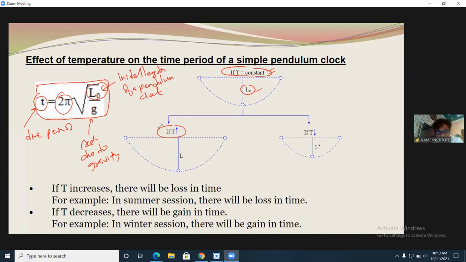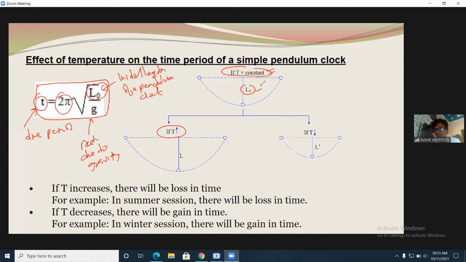Now another case: if the temperature increases, suppose the room temperature is increasing, the length of the pendulum clock also increases. The initial length was L naught; now the length reaches L. Now listen to me: this pendulum will take more time to complete one oscillation with respect to this pendulum.